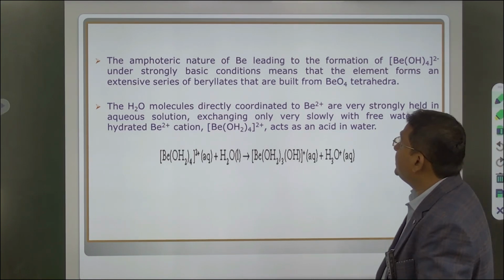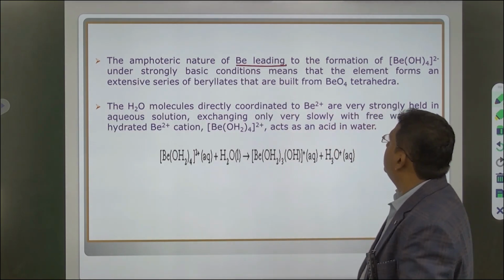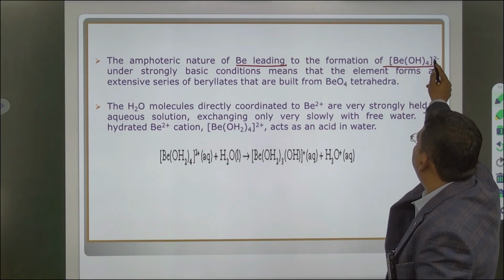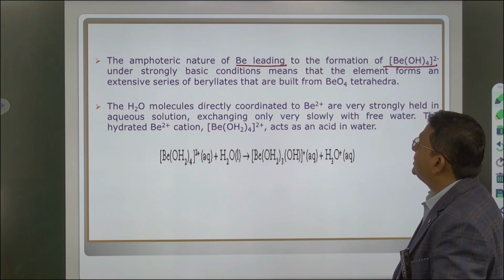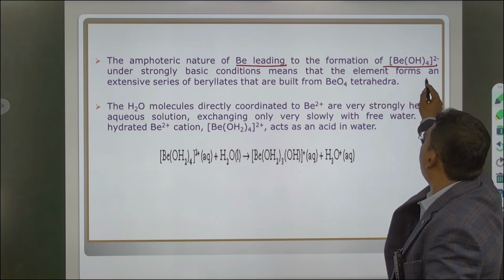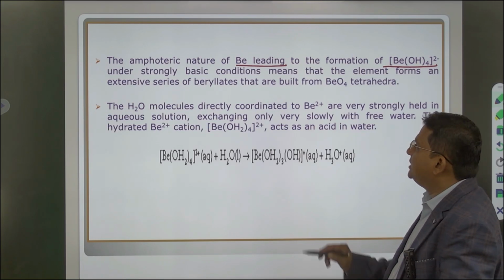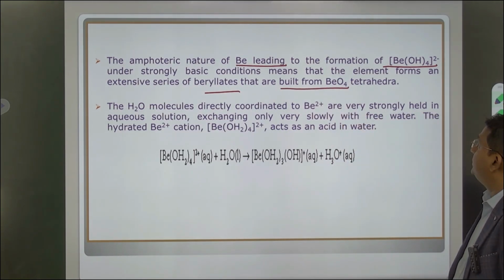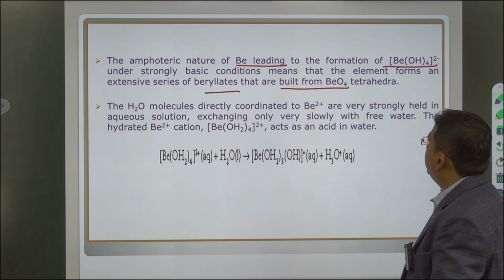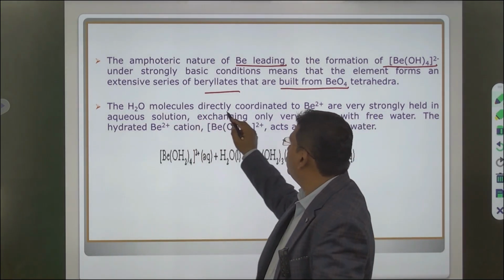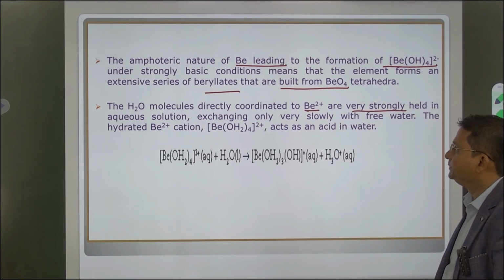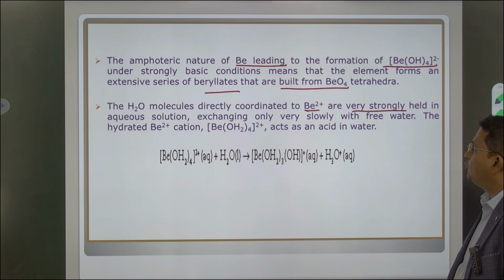The amphoteric nature of beryllium hydroxide leads to the formation of beryllates under strongly basic conditions, meaning the element forms an extensive series of beryllates built on tetrahedral units. The H2O molecule directly coordinated to beryllium is very strongly held in aqueous solution, exchanging only very slowly with free water.